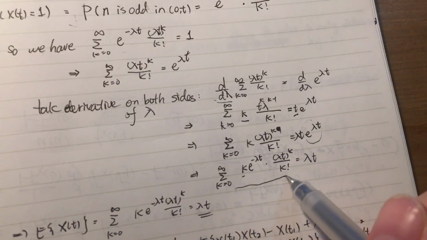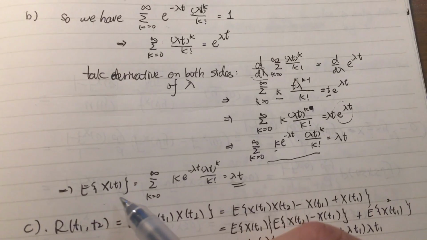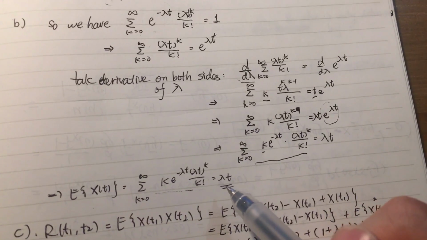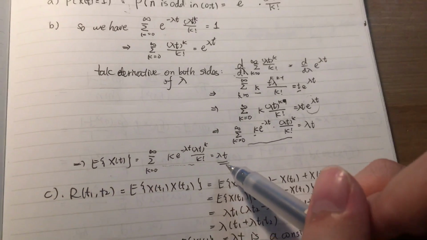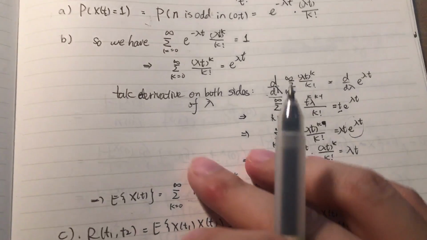And the left hand side of this equation is exactly the definition of E[X(t)], which is equal to this term, and thus we get E[X(t)] is equal to lambda t. This is supposed to be a constant value if t is a constant.